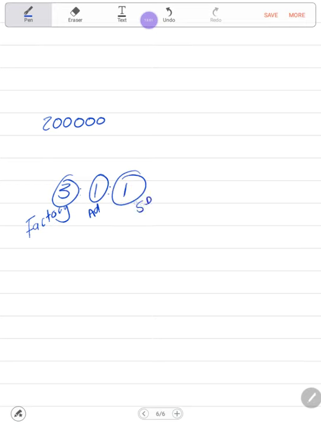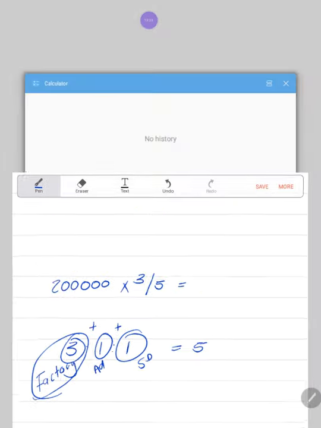All right. What are we interested in under factory overheads? We are only interested in the factory. So now let's do this calculation. 3 plus 1 plus 1 is equal to 5. So I'm going to say 200 times 3 over 5 in order to get what is due to the factory rents.